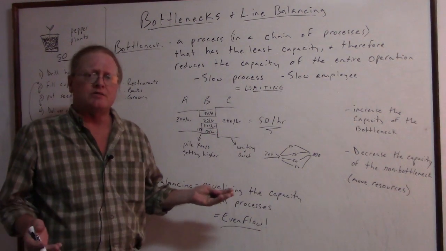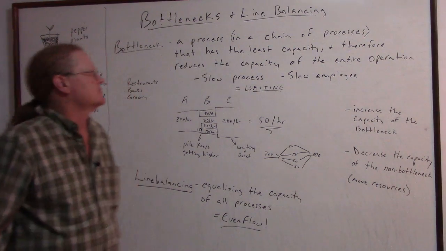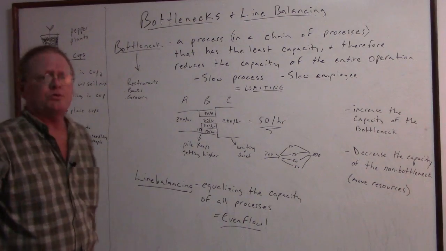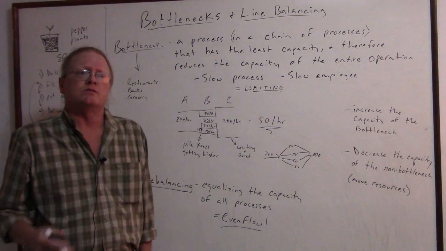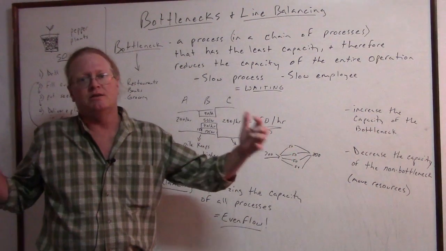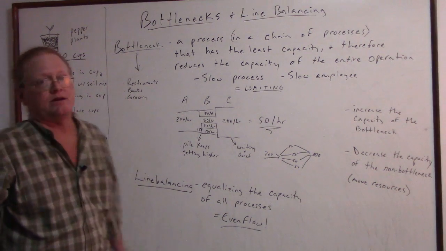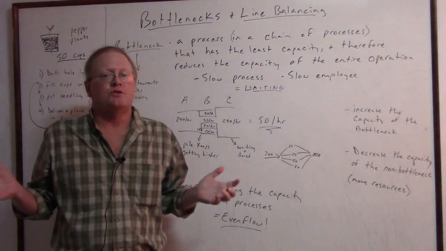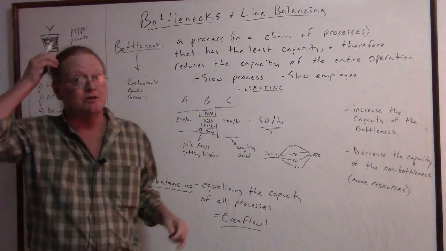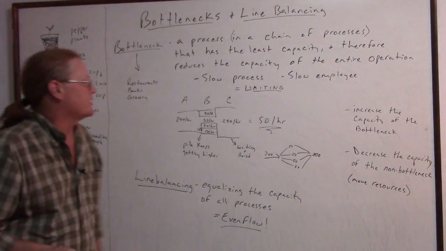So it might not be obvious, but there are clues that the line is not balanced. Some examples of bottlenecks are restaurants, cafes, snack shops. Whenever you see people waiting, there's a bottleneck, right? In services, the bank, on the 15th and the 30th, all of these people are waiting in line. They need to increase the number of tellers to alleviate that bottleneck.